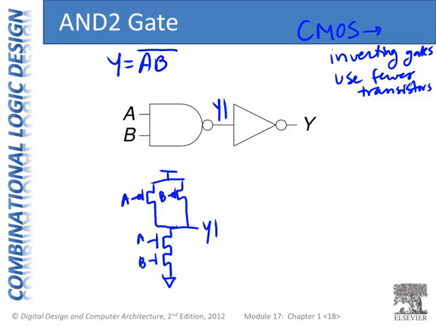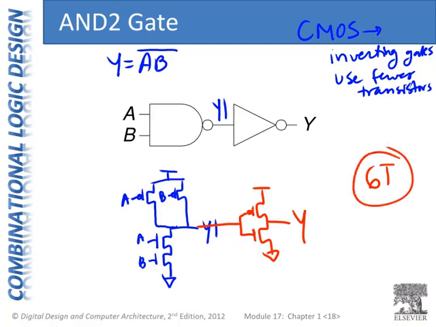So here's our NAND gate. And now we connect that to our inverter. Looks like this. And we get Y. So now instead of 8 transistors, I just need to use 6 transistors.